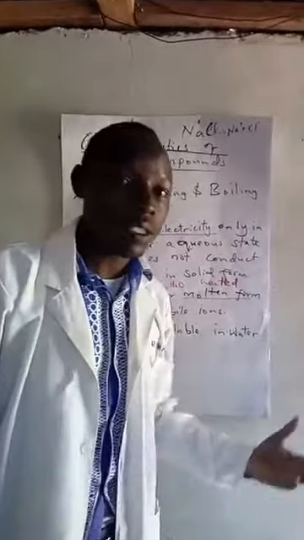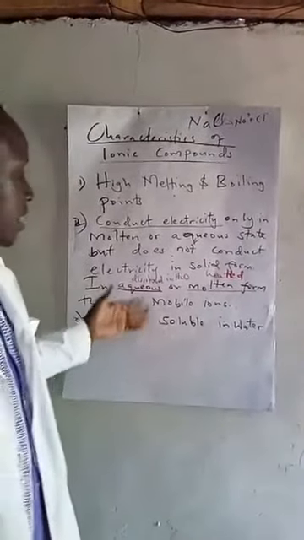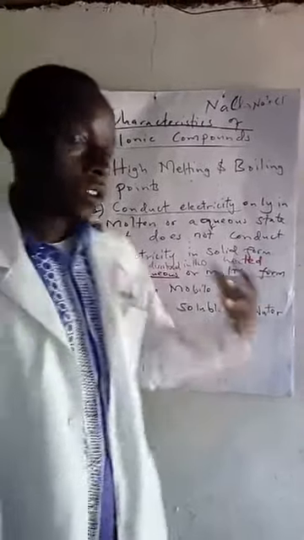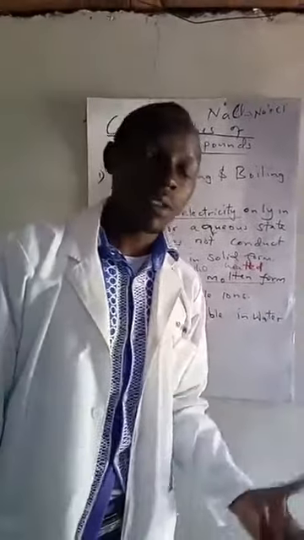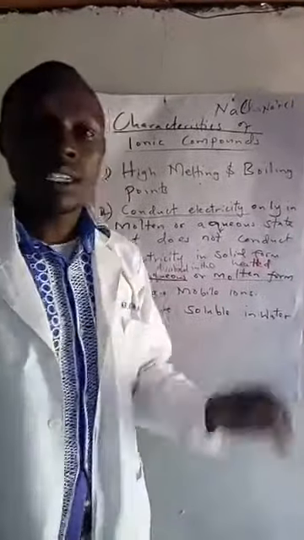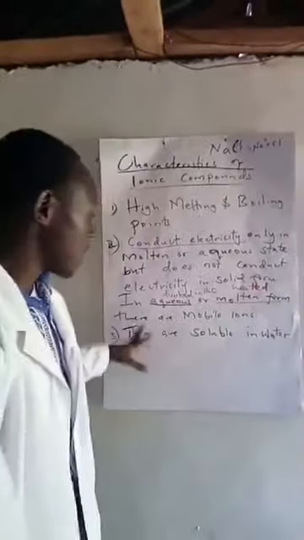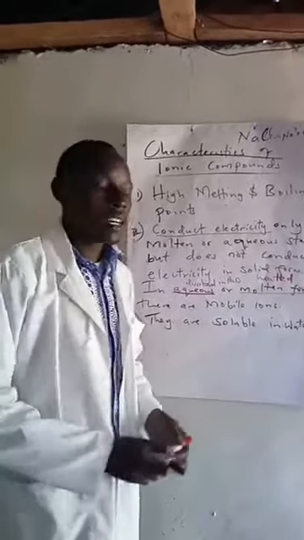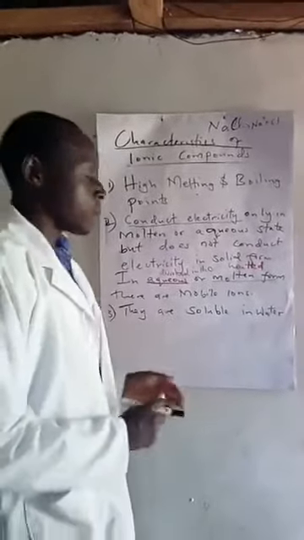Basically, that's what we said in Form 1, that they dissolve in water to form bases. For example, sodium oxide dissolved in water forms sodium hydroxide, and potassium oxide forms potassium hydroxide, which are bases. So these are the characteristics of ionic bonded compounds.